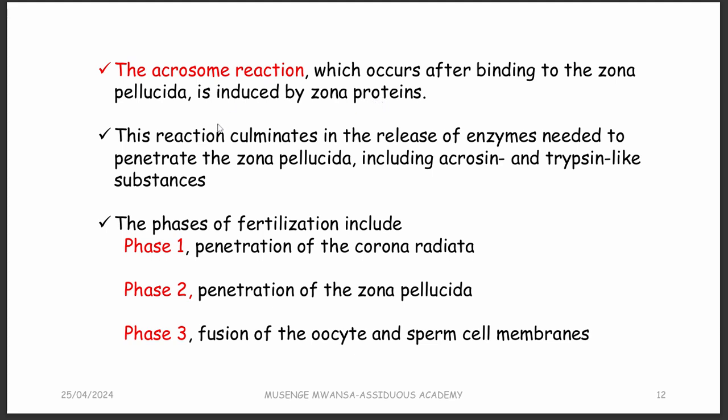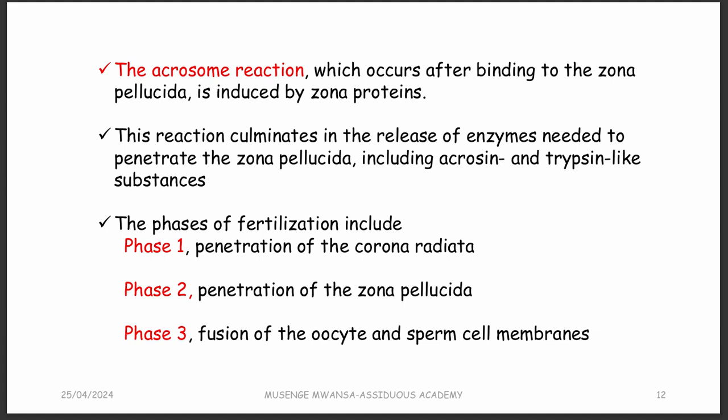This reaction will culminate in the release of the enzymes needed to penetrate the zona pellucida, because first the sperm is interacting with the walls of the zona pellucida.